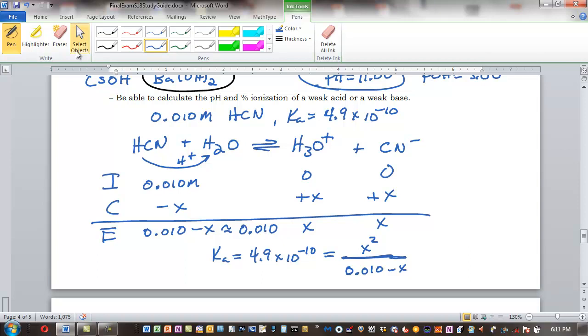Which makes our calculation definitely easier because we can just get rid of that x. So multiply 4.9 times 10 to the negative 10th times 0.01 and take the square root.